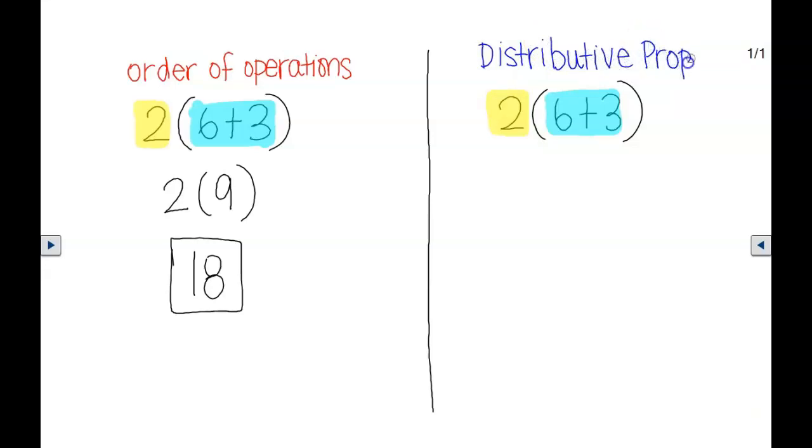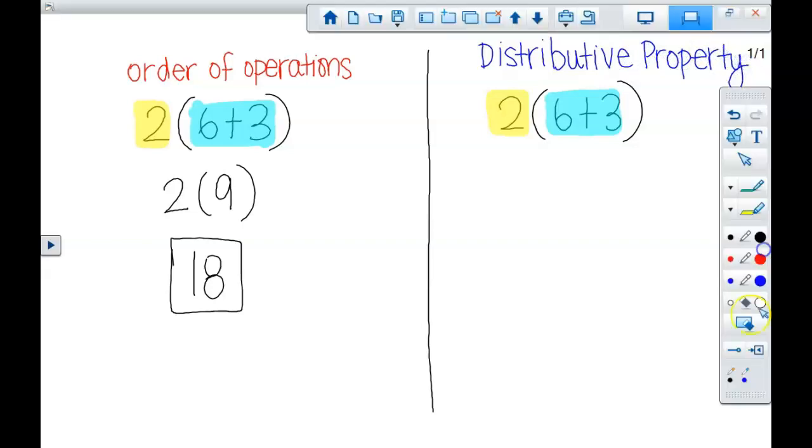Now that should sound familiar to you. You have done that before. The distributive property says that I'm going to distribute. And when we distribute things, we give them to everybody in the group. So just for example, if you were sitting here in the classroom with me right now, and I distributed a worksheet that I needed you to do, then I would go around to every member of the group and hand you a worksheet.